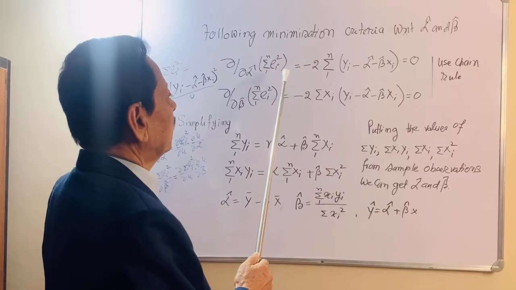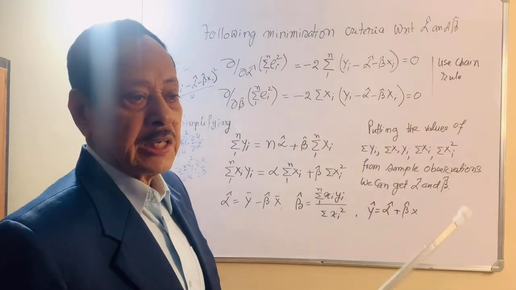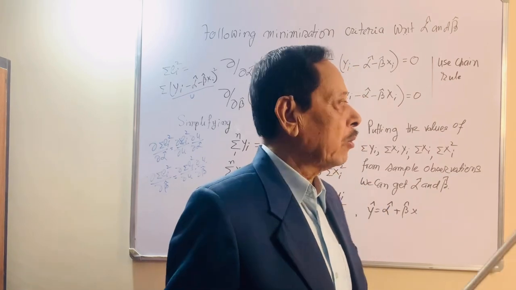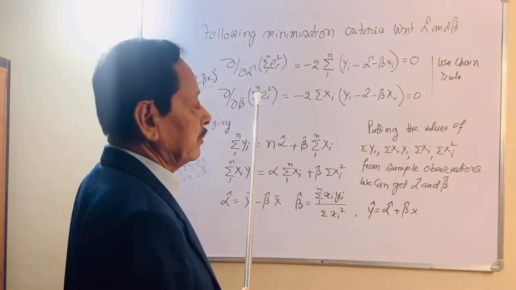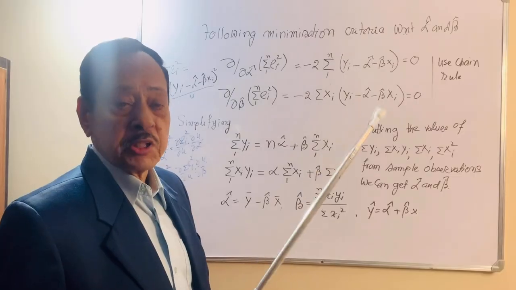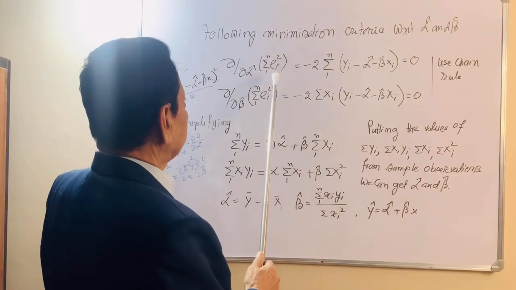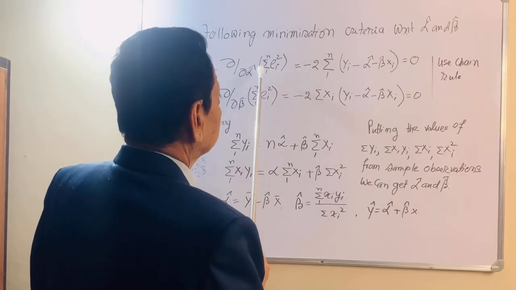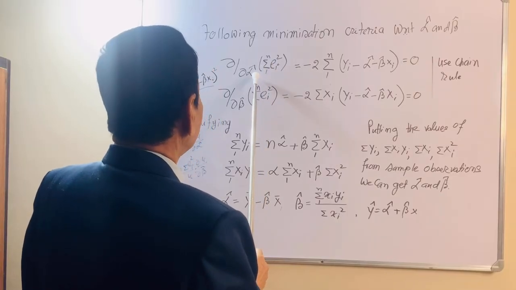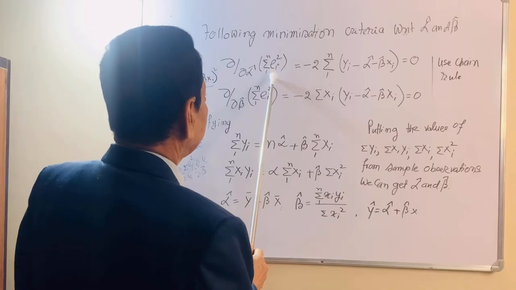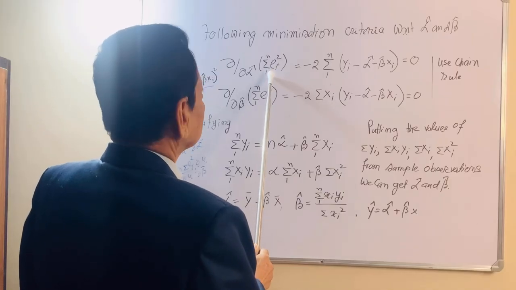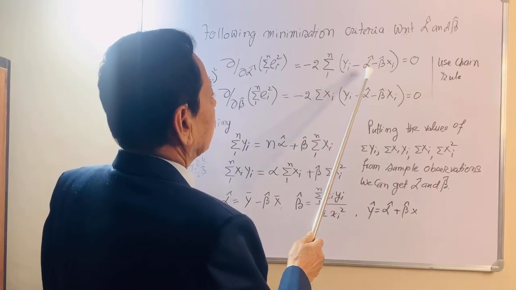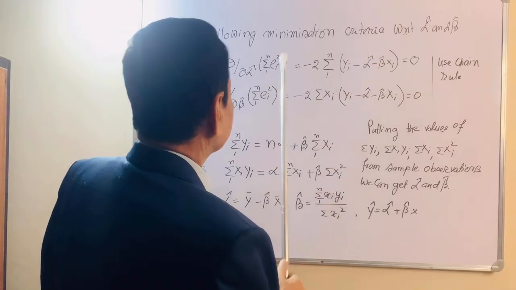In case of minimization, the partial derivative should be put to 0, while the second derivative is positive. So in this case, we have got that summation ei square is nothing but yi minus estimated yi square.